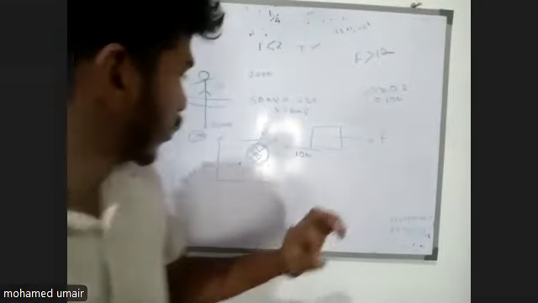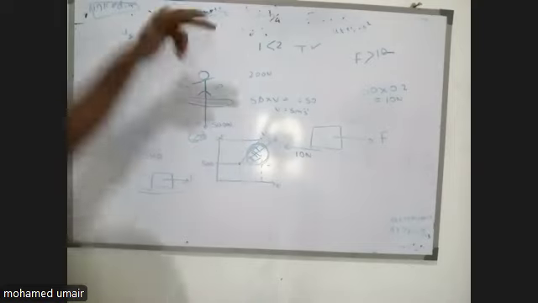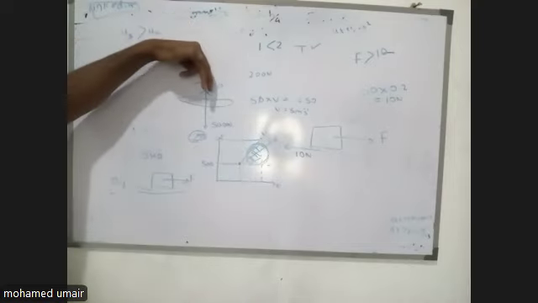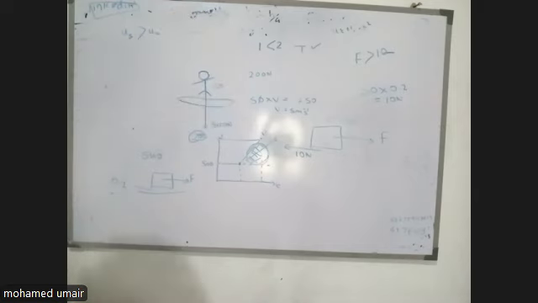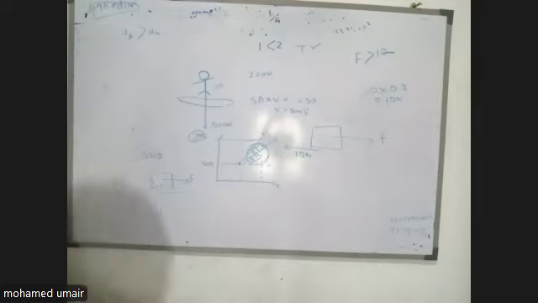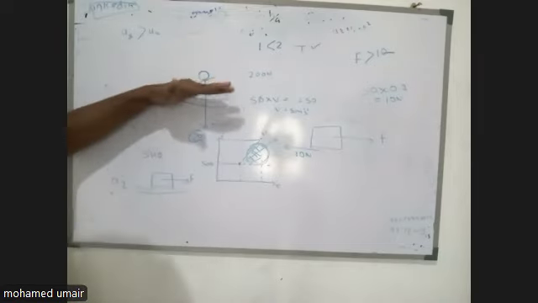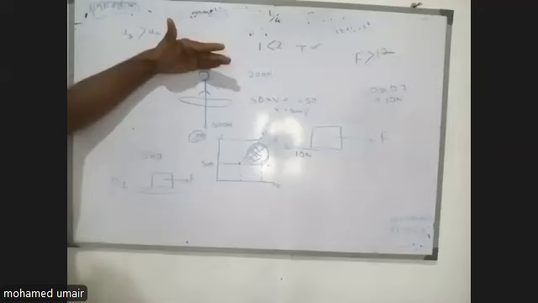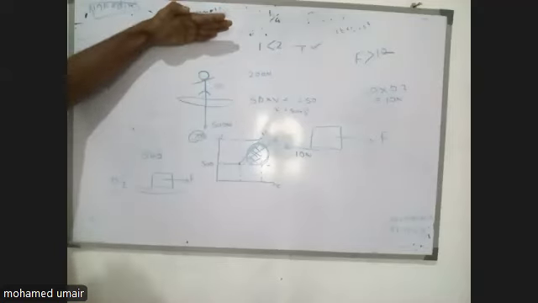Okay. So let's compare with this scenario. The person's weight is 500 Newton. So if he wants to jump up, his feet must provide a force greater than 500 Newton. If it is equal to 500 even, he is unable to move. It has to be greater than 500 Newton.